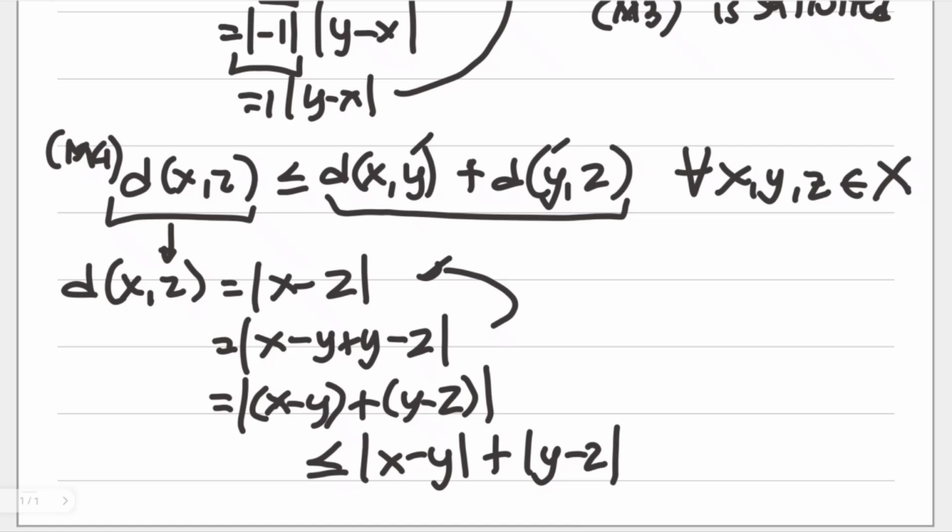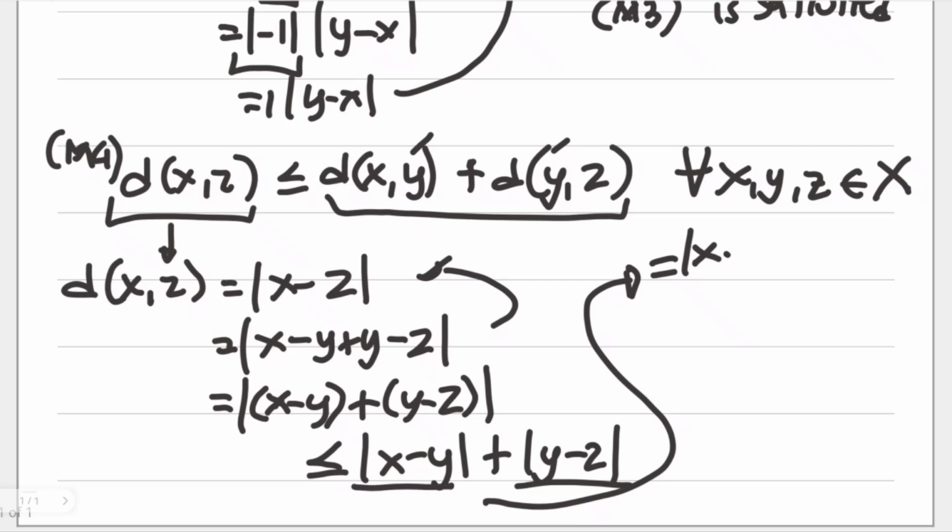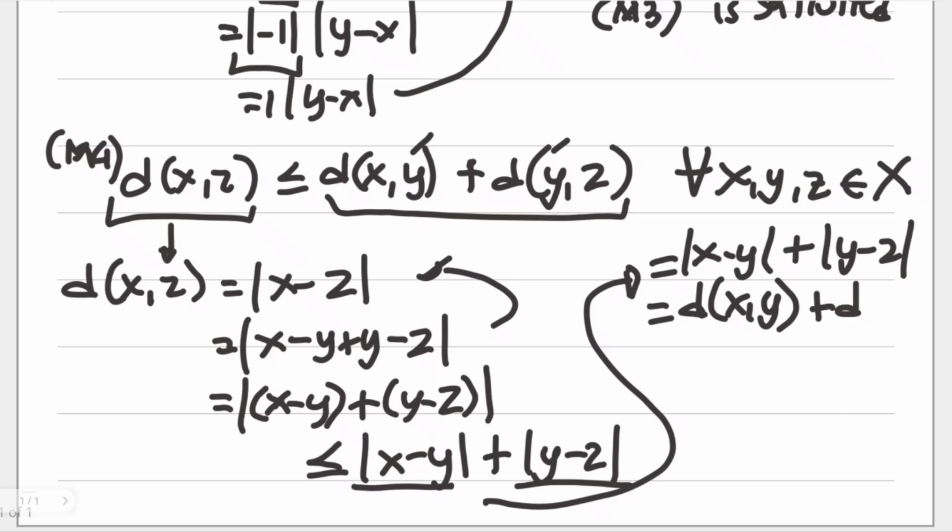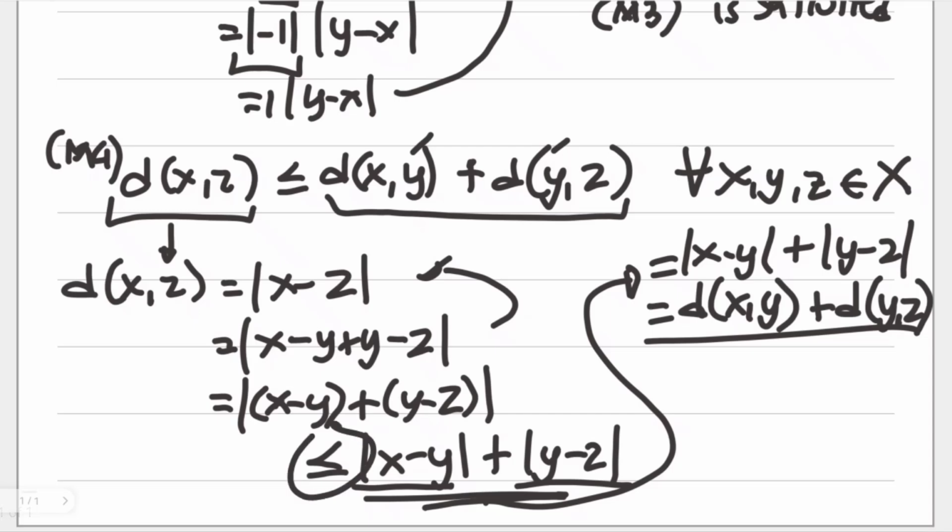And what is this? Going back here, the absolute value of x minus y plus the absolute value of y minus z, per definition, could stand for the distance of x and y plus the distance of y and z. So this is equal to this expression, which is greater than or equal to our given expression here.